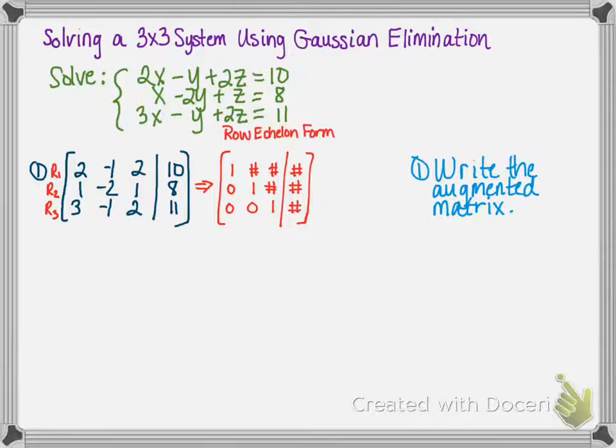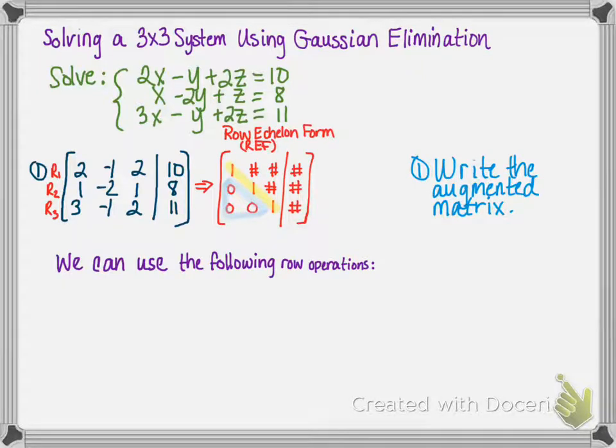This is called row echelon form, or our calculators refer to it as REF form. So you'll notice that on the left-hand side, the diagonal has 1s, and we have this blue triangle of 0s underneath that diagonal of 1s. That is row echelon form.